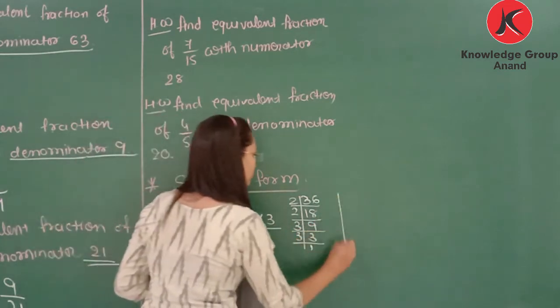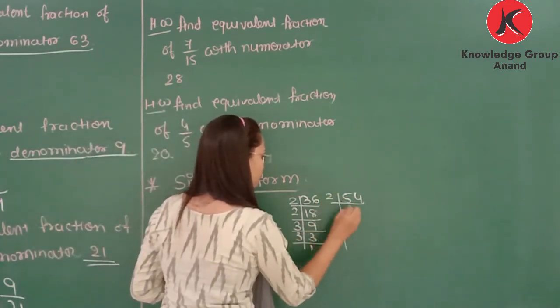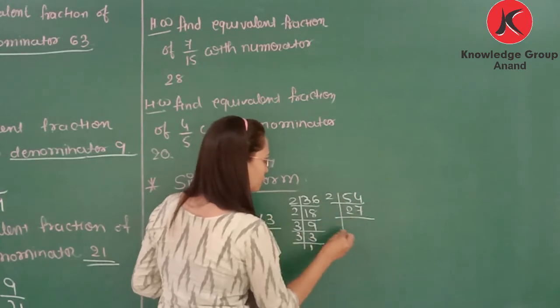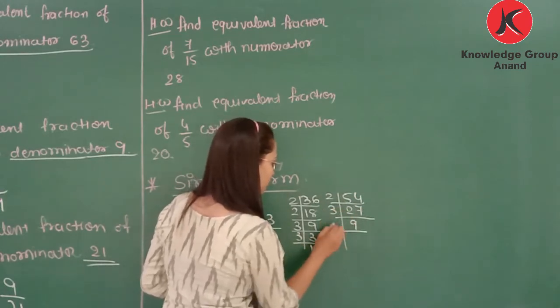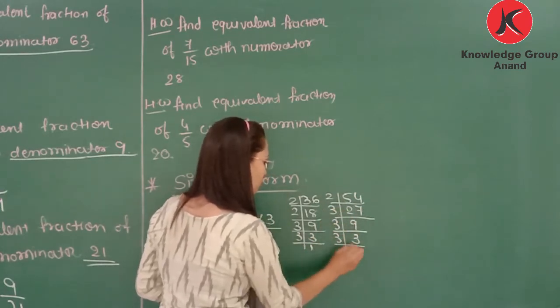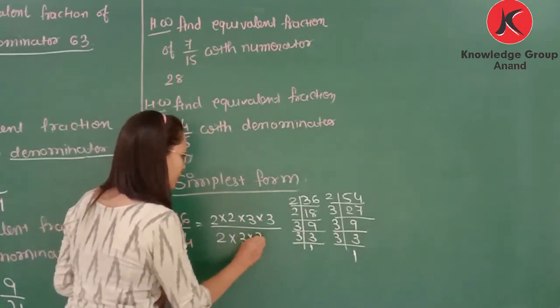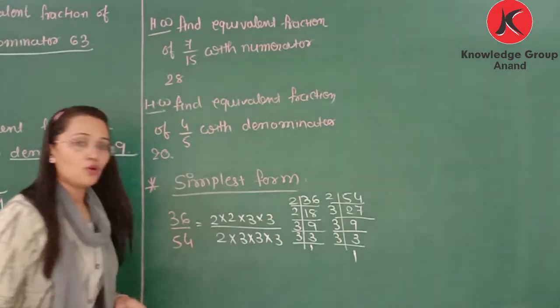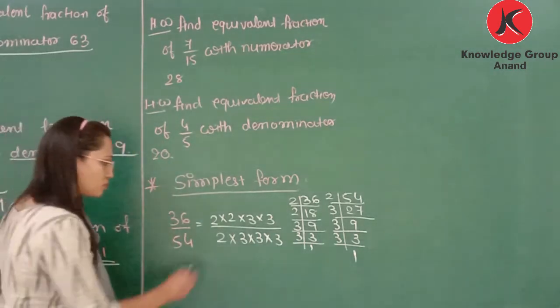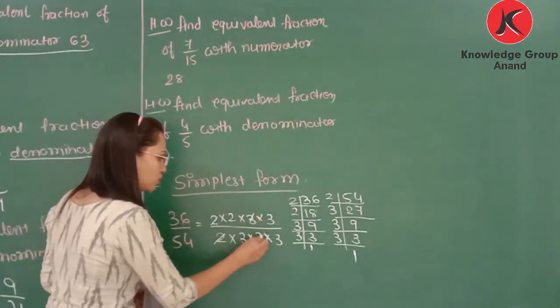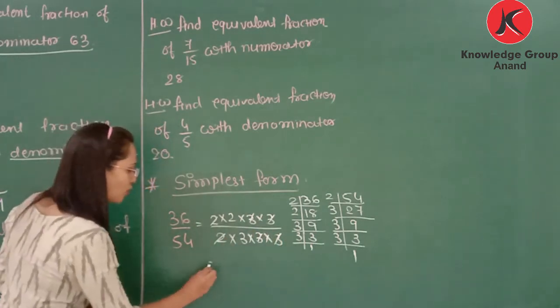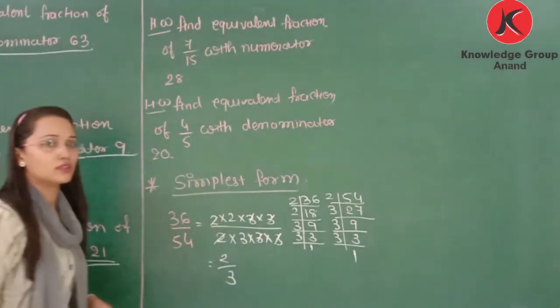Now 54. Now cut the common factor. So here 2 will be cancelled, 3 cancel, 3 cancel. So what is remaining factor? It is 2 by 3.